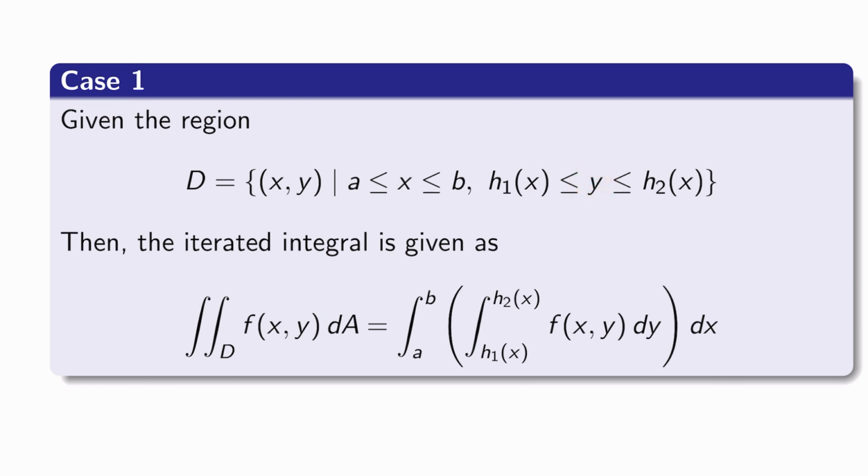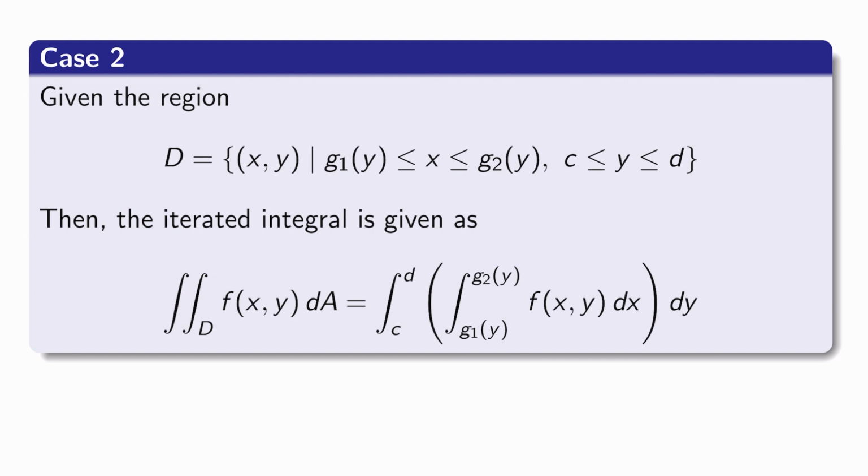To compute this iterated integral, we first compute with respect to the variable that has the general region. So here we compute with respect to y first because y has the general region h1 of x and h2 of x. Then we compute with respect to the variable that has the finite region. So that's we are going to compute with respect to x.